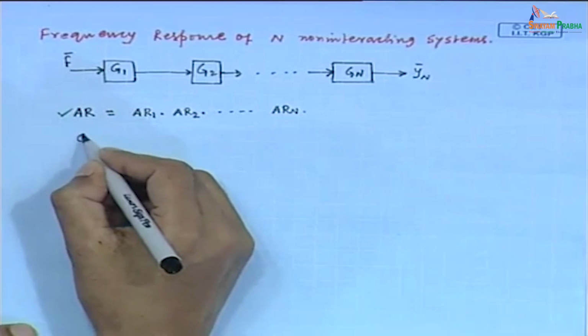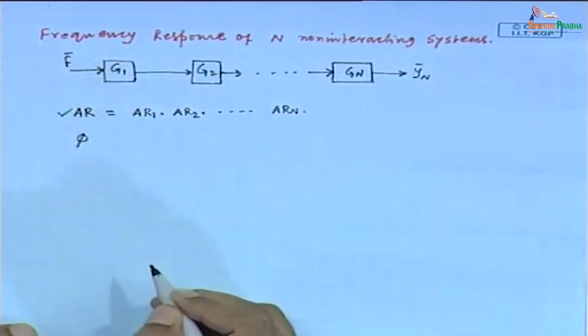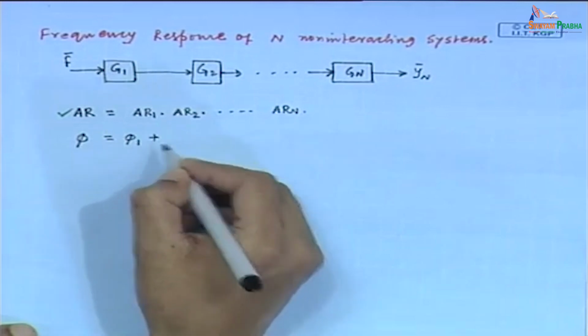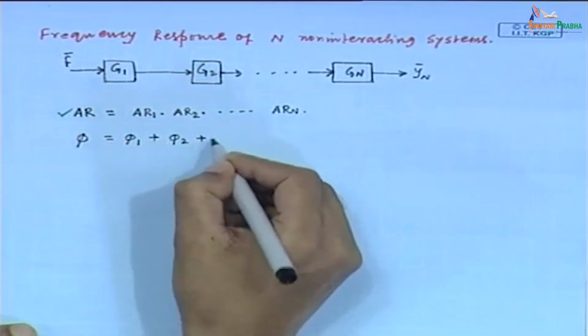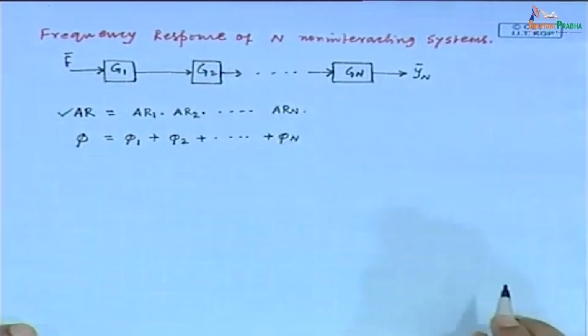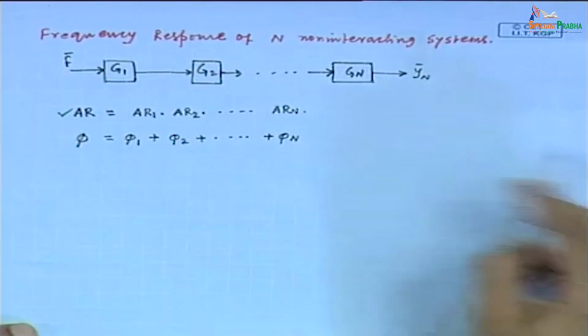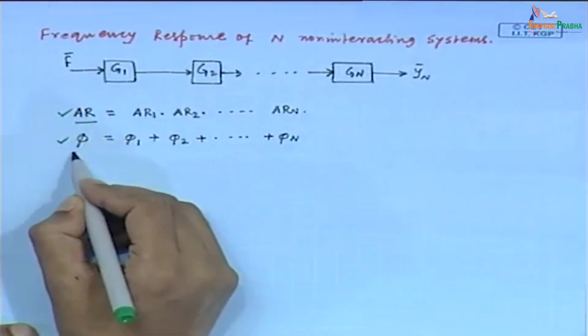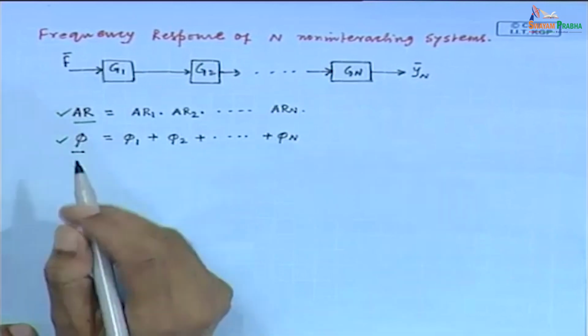Similarly, the overall phase angle phi is the summation of the individual phase angles. This is the overall amplitude ratio, this is the overall phi. Fine.